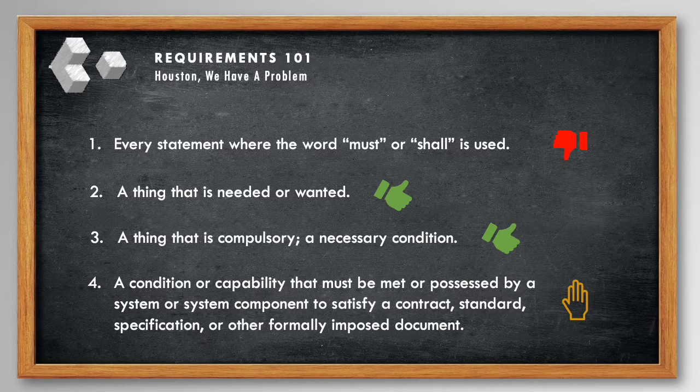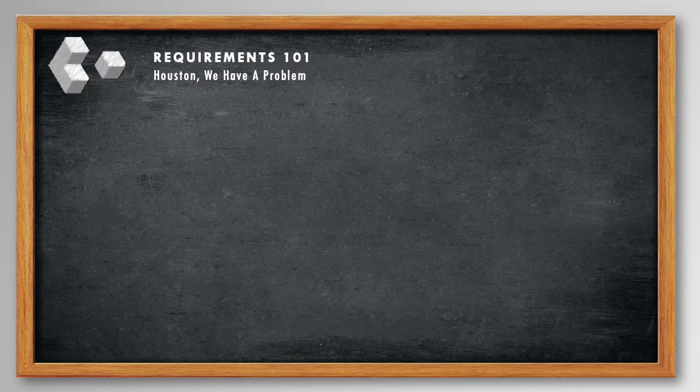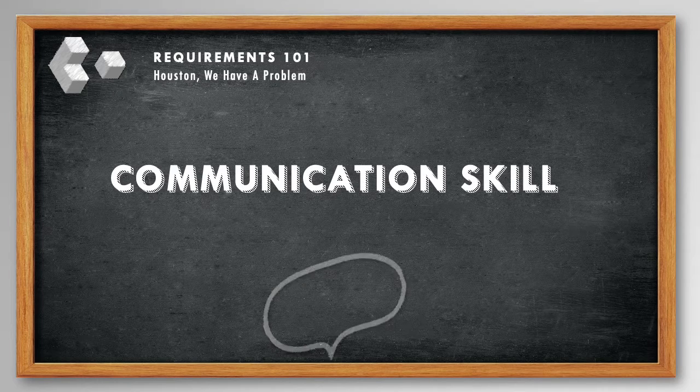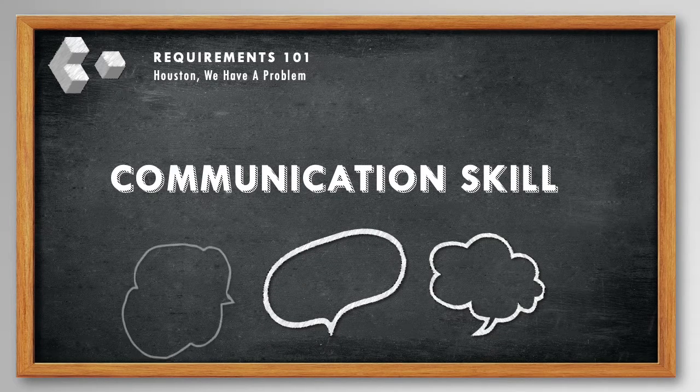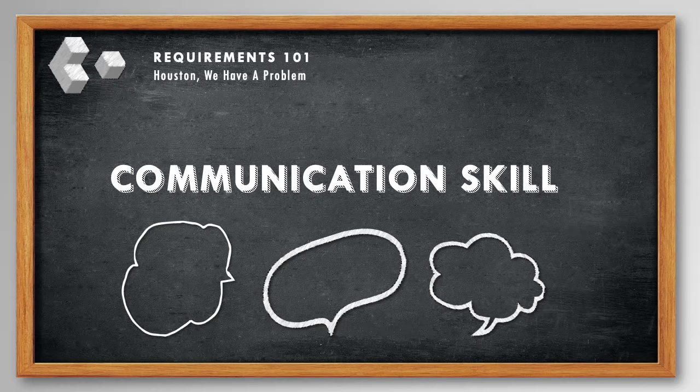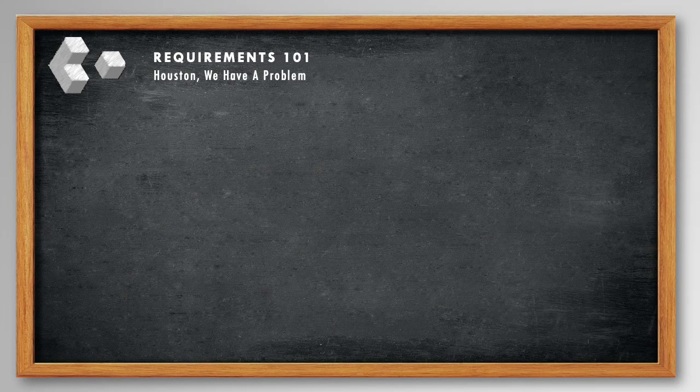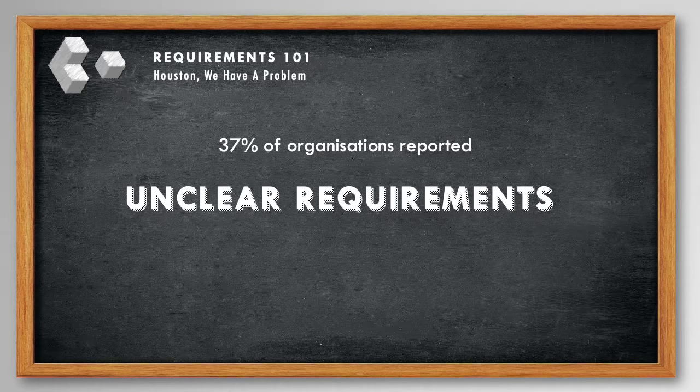Trust us on this. We also proposed that good requirements writing is essentially a communication skill, not exactly a human specialty, especially in the written form. So it comes as no surprise that 37% of organizations stated that unclear requirements were the primary reason for project failure.